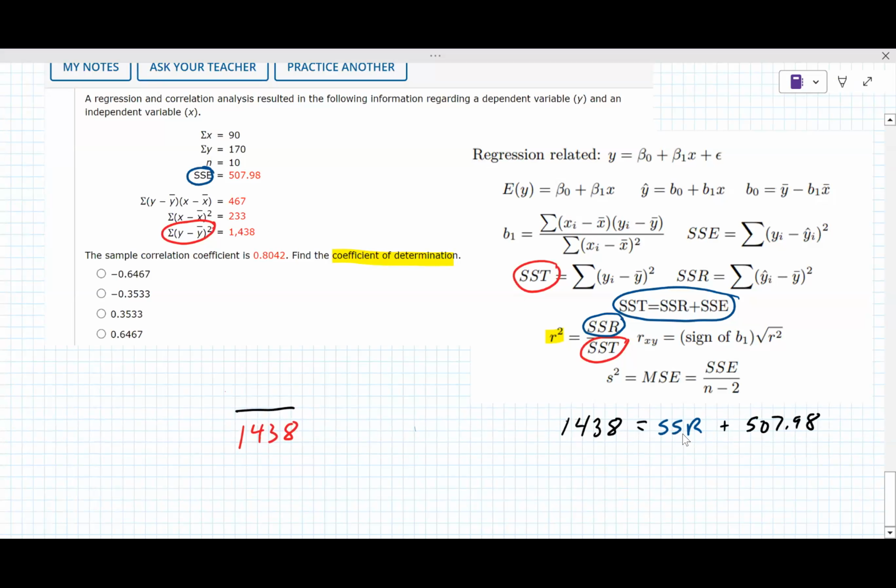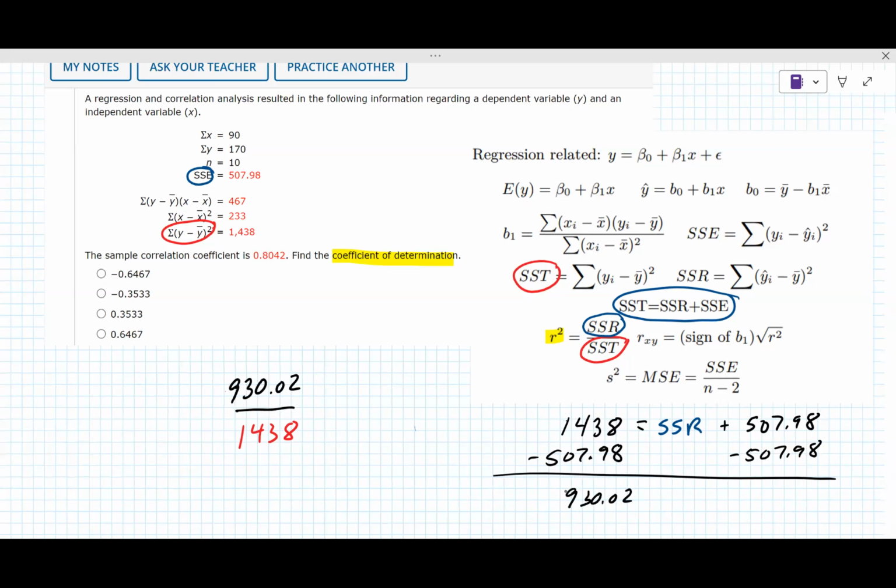To solve for the SSR, you subtract 507.98 from both sides. So we get 930.02, and that's your numerator.